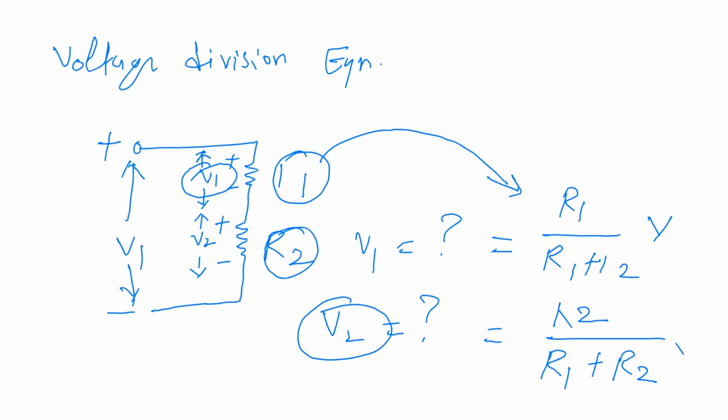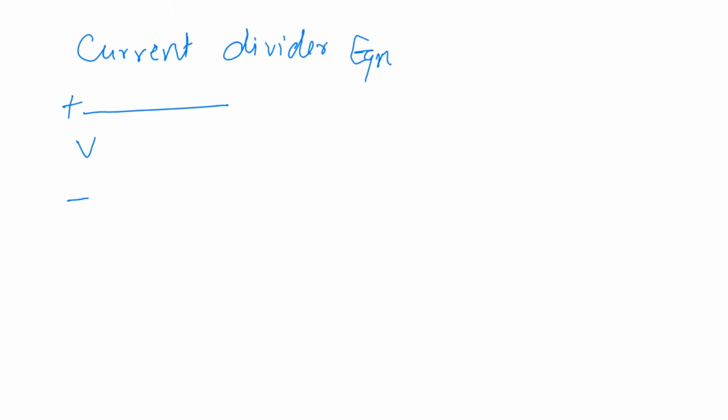In this manner, you can find the voltage V1 across the R1 resistor and the voltage V2 across the R2 resistor. We have some voltage V, and two resistances R1 and R2 connected in parallel.